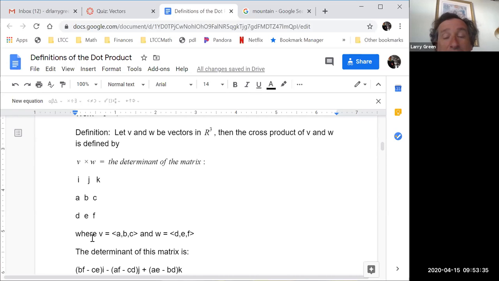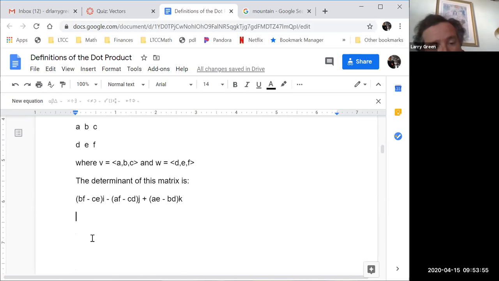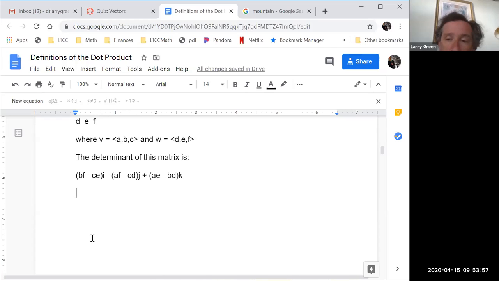Yeah, it only works in 3D. You can't cross two vectors in R2. It just doesn't work. Again, we're not doing it in this class, but it's really important, and that is higher dimensions. It just doesn't work. This only works in R3. So that's the main issue with the cross product, is you can only do this in R3.